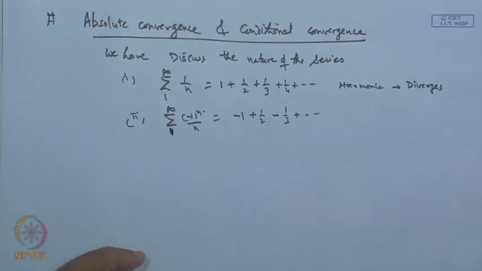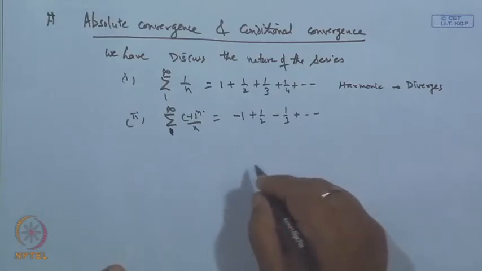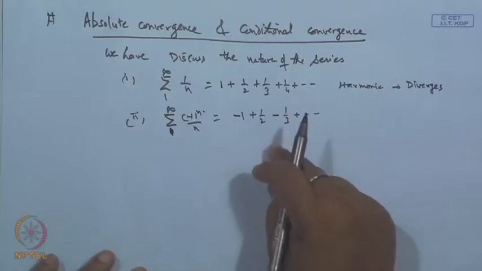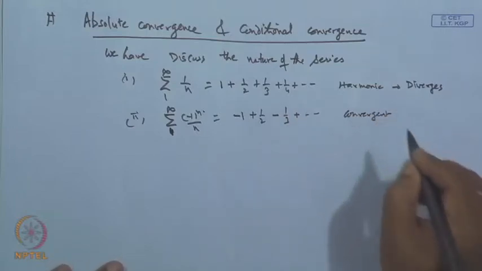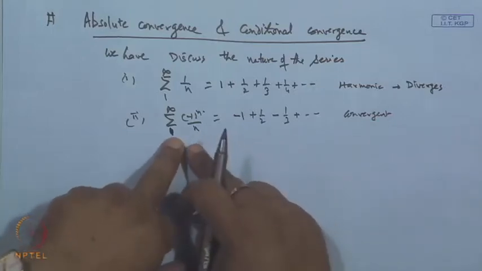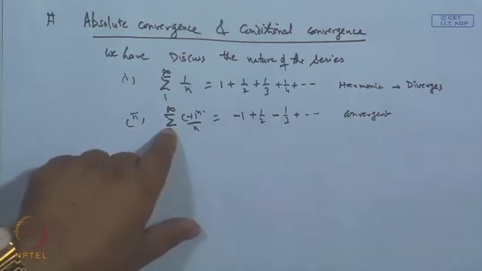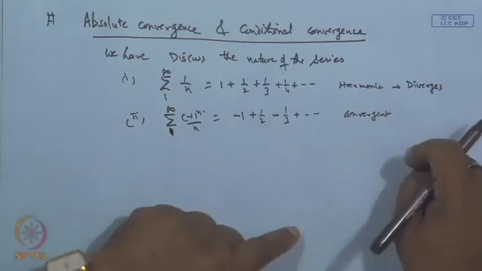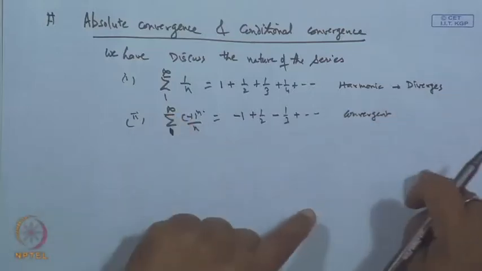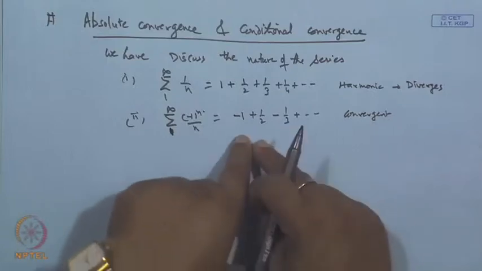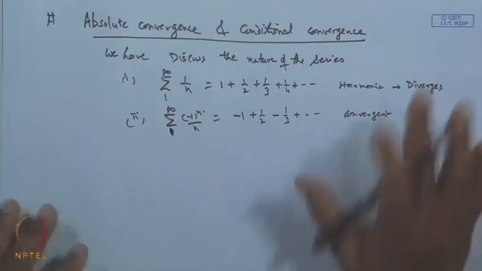So, the terms are alternately positive and negative, and this is an alternating series, and we have also seen that this series is a convergent one, because if you remember we found the sum of the even number of terms and the sum of the odd number of terms, and the difference of these two is bounded by 1 upon 2 to the power 2n plus 1, which goes to 0. So, the limits of even number terms and odd number terms are the same, and the limit exists, and in fact we can identify the sum for this series. So, it is convergent.